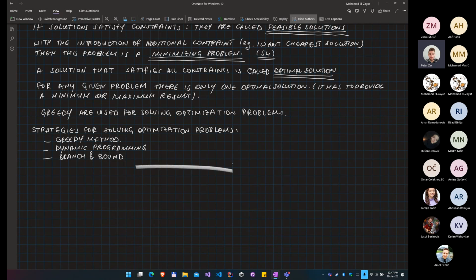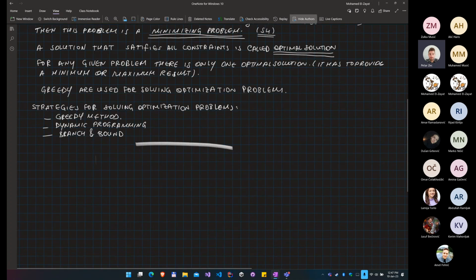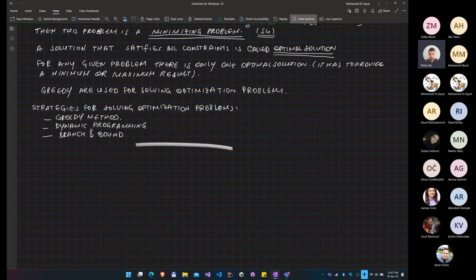Now, it's important to understand that greedy methods take one input at a time and solve the current problem given that input. So if you give it something big, it will take one thing at a time and solve it. It doesn't look at the whole problem, but just looks at one thing at a time. This is an important thing that you know about.